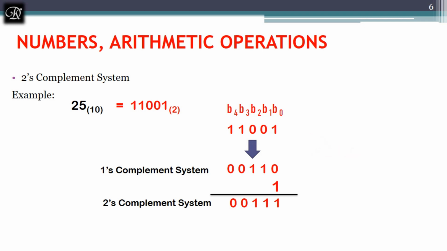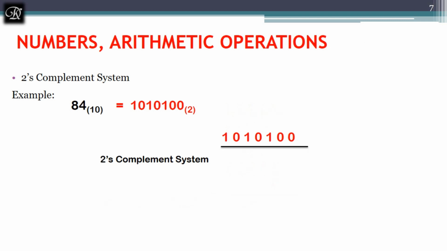Why we need this? Because whenever we are going to work on signed numbers, we convert the signed number to twos complement, and only then will we perform the operations. Next, I'll give you a shortcut method where you can find the twos complement faster than finding the ones complement and then the twos complement.